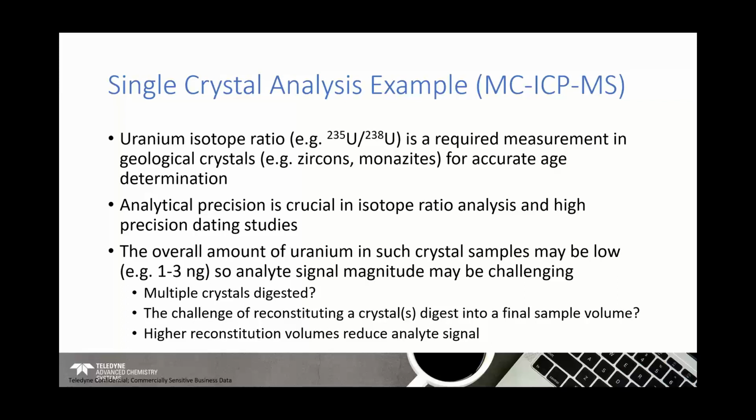So what do you do about that? There have been ways around this, such as digesting multiple sample crystals. That's one way around this. But if there is any degree of heterogeneity between sample crystals, you're going to be bringing in more variability in this case.